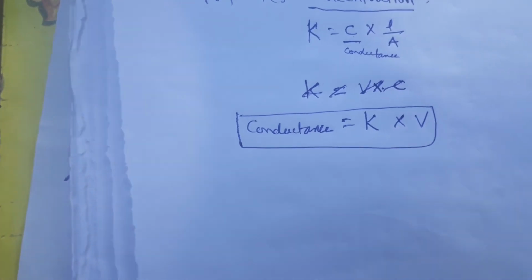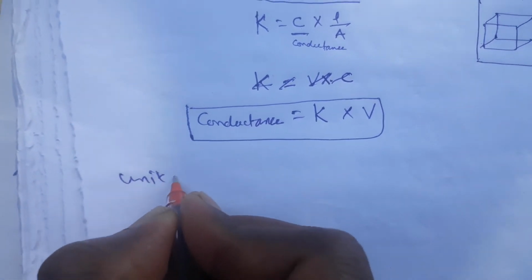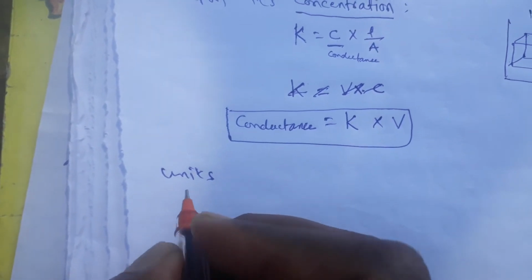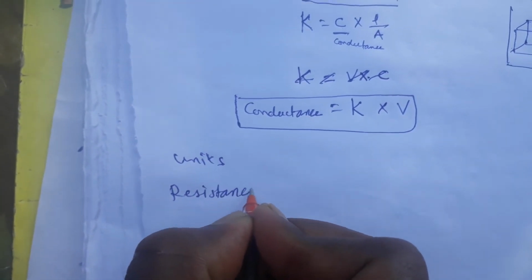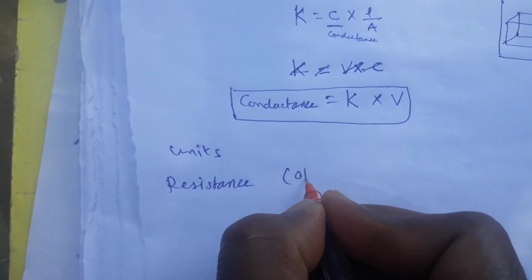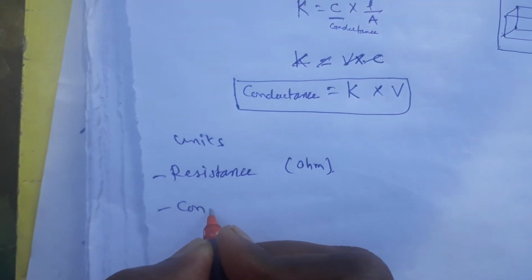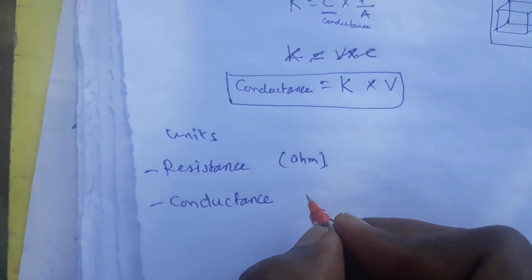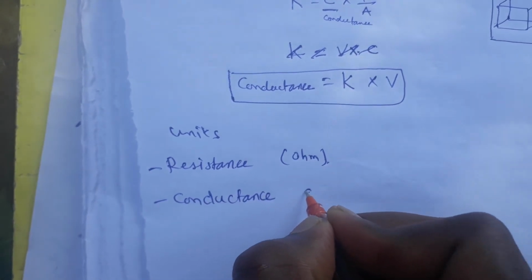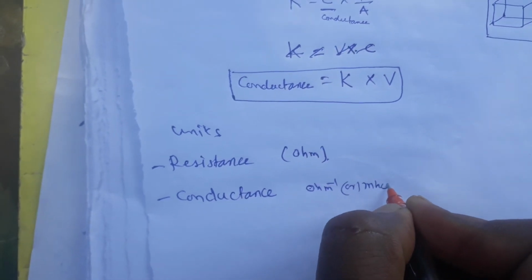So what are the units? We know the units for resistance. What is the unit for resistance? That is ohm. So what is the unit for conductance? Conductance is C equals 1 by R, that is ohm inverse or mho.